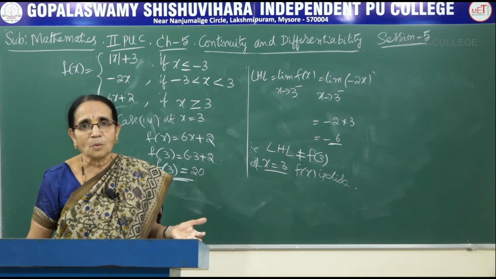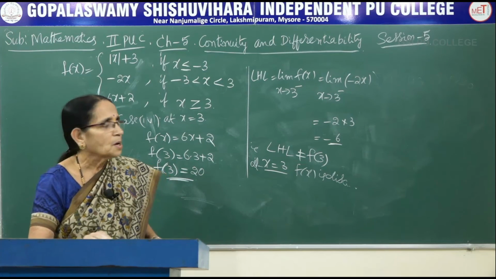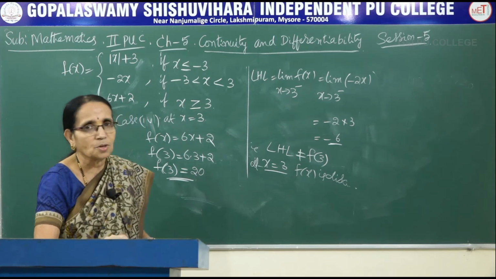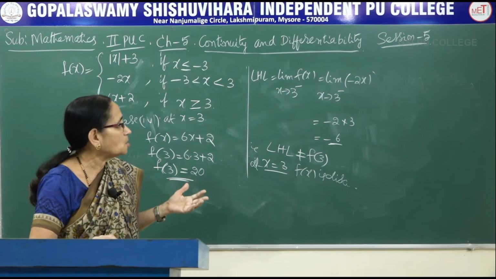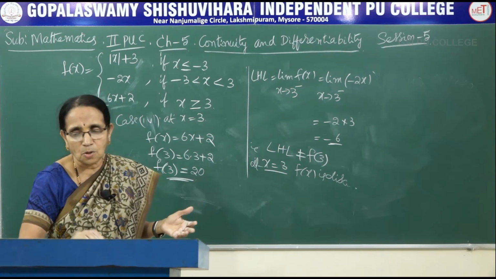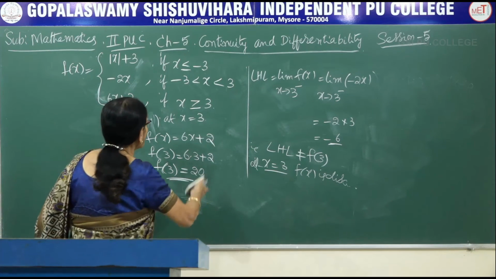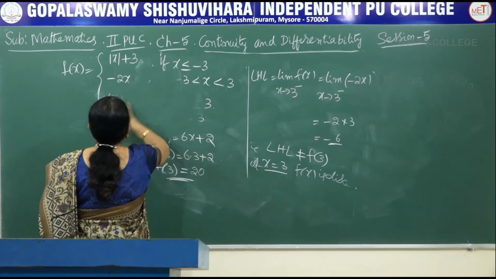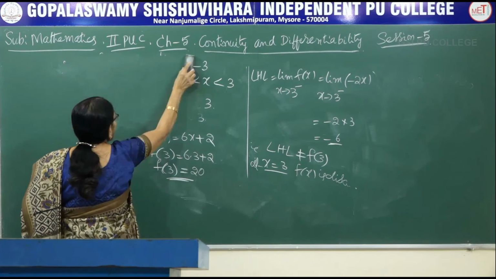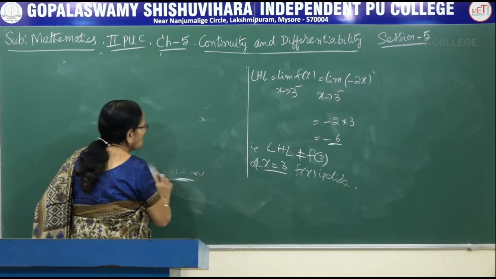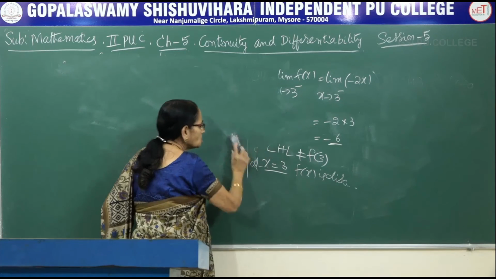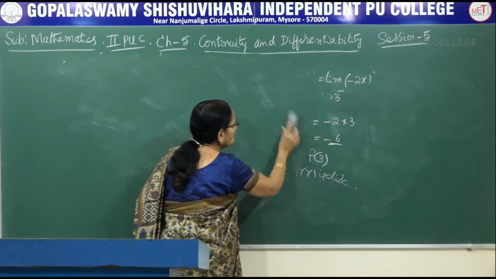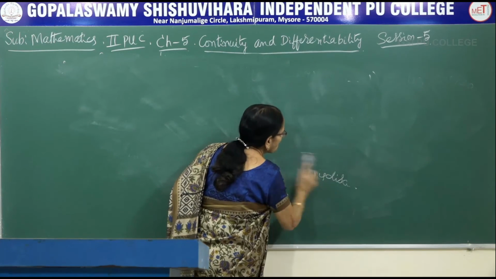It may so happen that some functions will be continuous, some functions will not be continuous at all. Now, while writing the answer, in all the problems I have worked out here, usually we have got only one point of discontinuity in all the 3 problems.